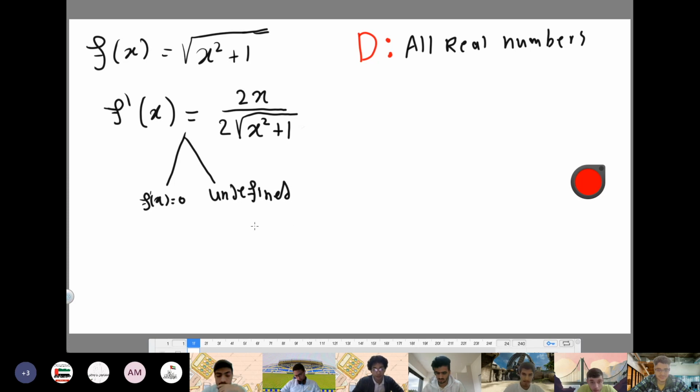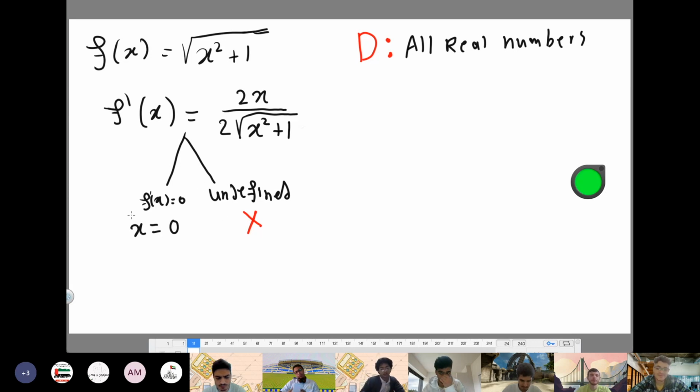Can someone tell me why? Because the domain is all real numbers. Exactly. What are the zeros for this function? 2x equals 0, which means x equals 0. Good job.